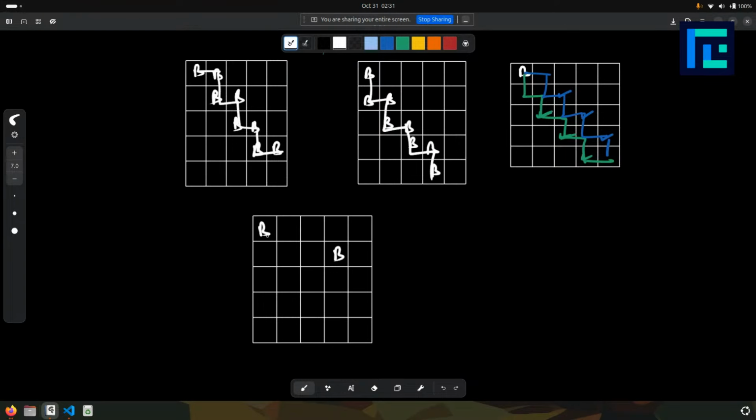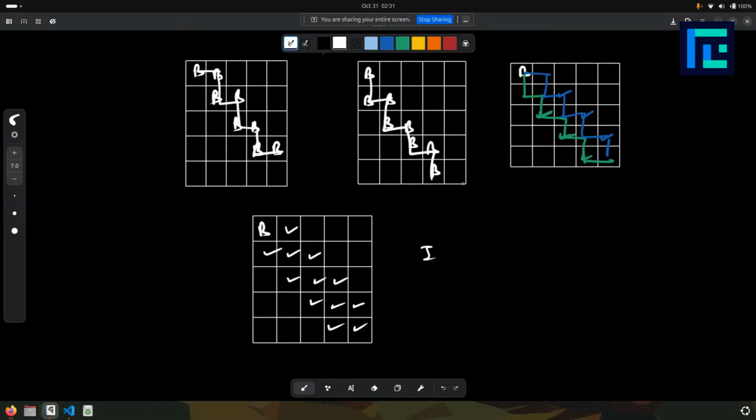So, using this black cell, there is no way to connect that cell because we can only connect two horizontals. We cannot have three consecutive blacks. So the only cells that we can connect using this black cell would be these. If we have a black cell in any other cell apart from these, then the answer would be no.